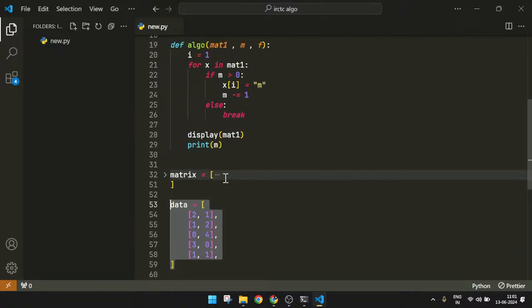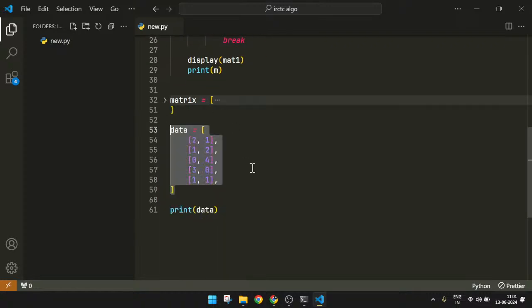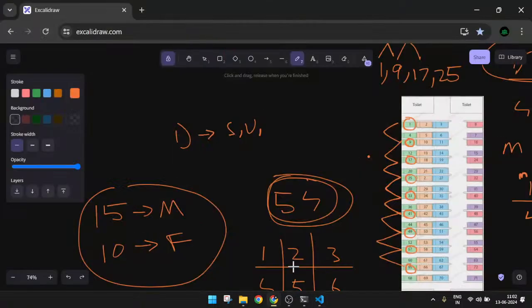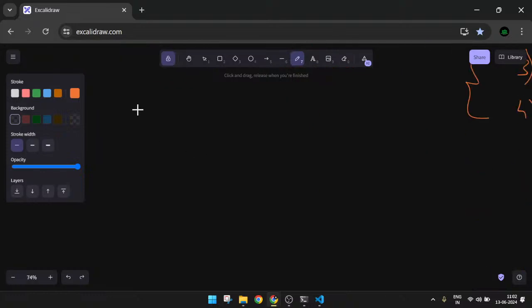I need to assign this data into this matrix in such a way that no unknown group's female sits in front of a male she doesn't know. How I will assign this is that there are two groups.